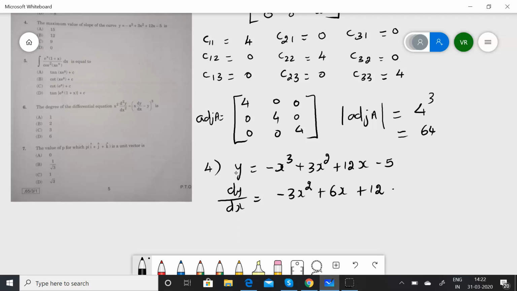Now differentiating again, you get d squared y by dx squared is equal to minus 6x plus 6. When I equate this to 0, I get x is equal to 1.